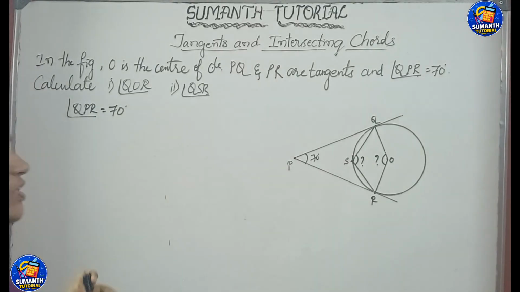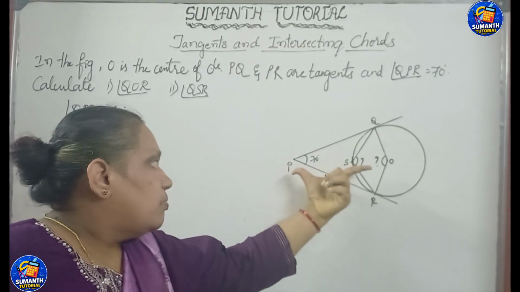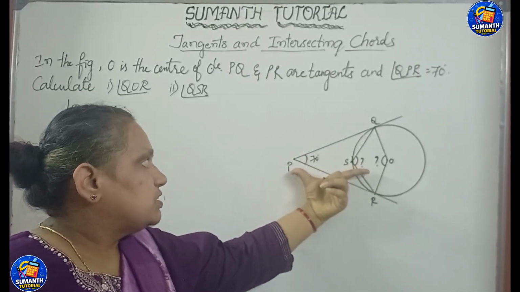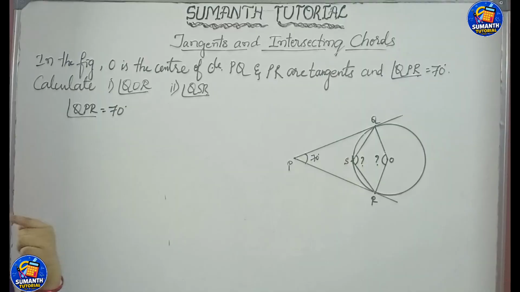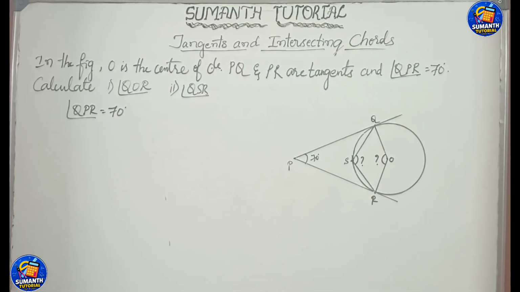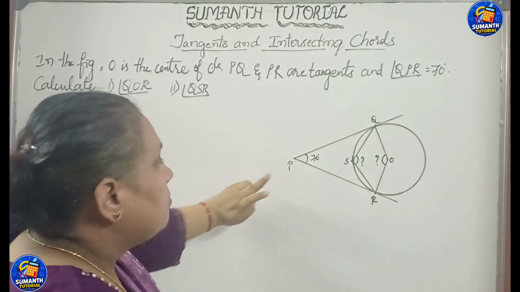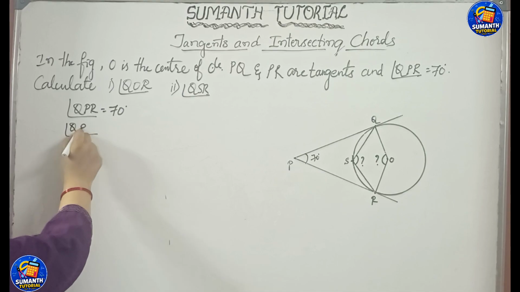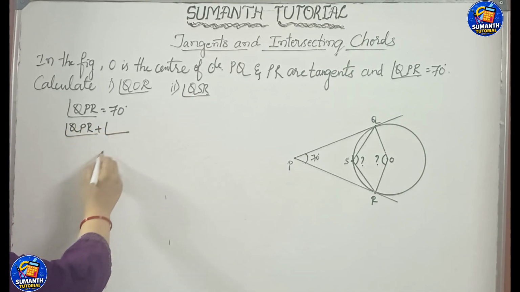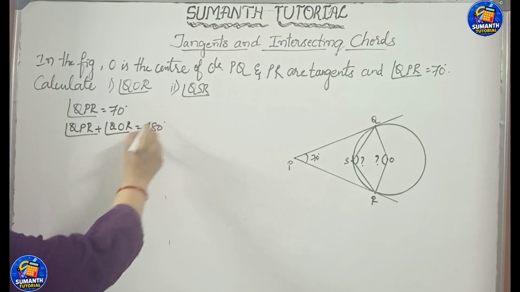Already in the starting of the lesson, I have explained that the sum of the opposite angles is equal to how much? 180 degree. The sum of the opposite angles is equal to 180 degree. By that, we can write angle QPR plus angle QOR is equal to 180 degree.